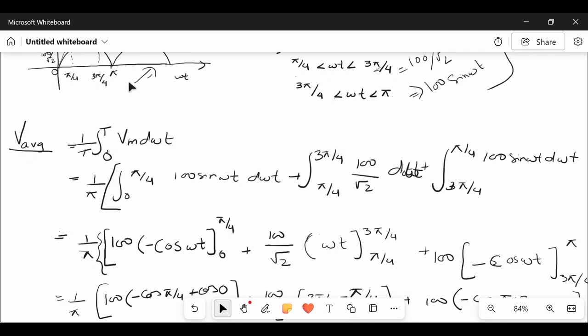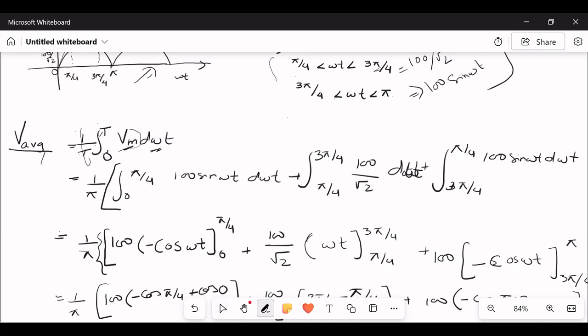As we know, the average value is the average over the whole time, that is 1/T, integrating the whole waveform over the whole time period, from 0 to T, the voltage Vm d ωt. That is how we have to integrate. For this, we divide our voltage into 3 parts.